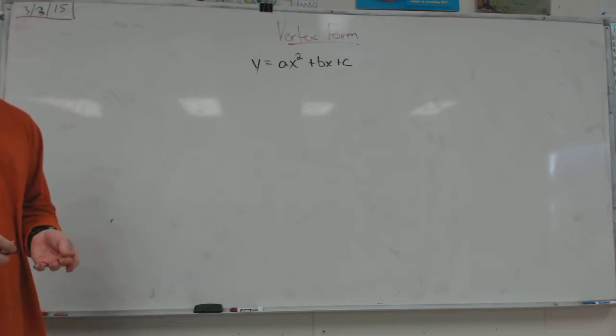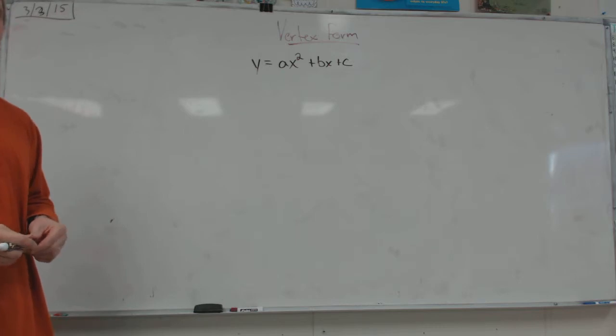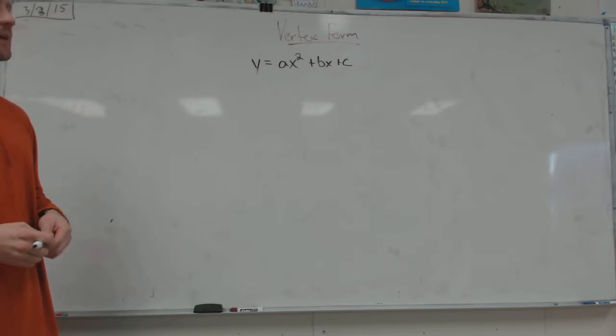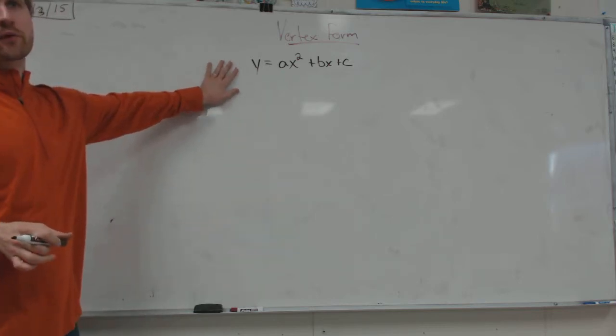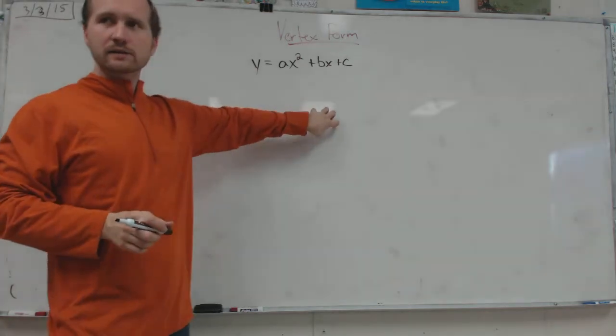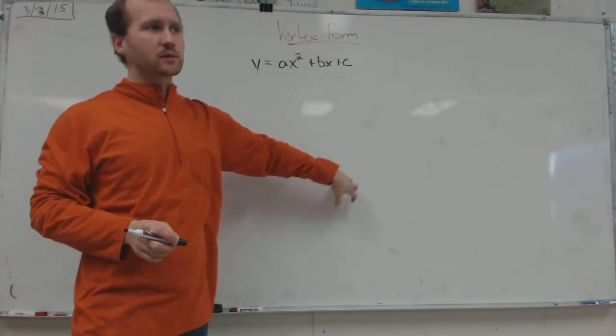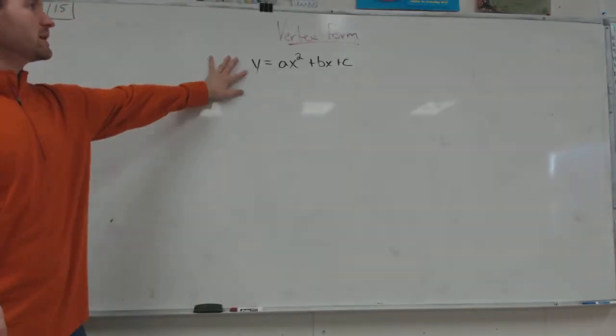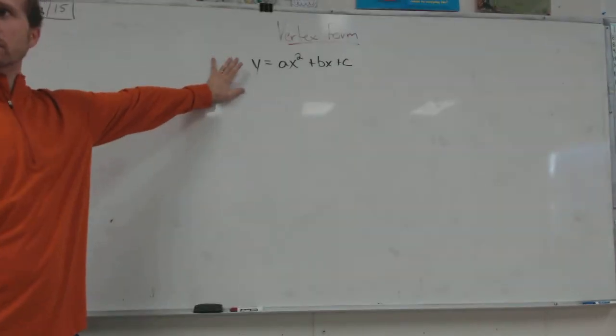But if you think about it, that form is not really very useful, right? If you think of slope-intercept form for graphing a line, the form actually tells us the slope and the intercept. This form doesn't tell us anything really about the quadratic.